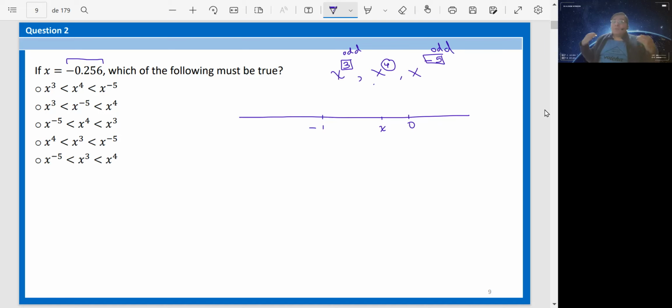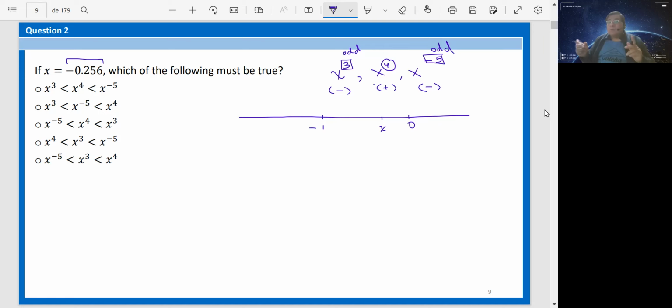And one property of odd exponents is to keep the sign of the base. Since the base is negative, x cubed will be a negative number, x to the negative 5 also a negative number, but x to the 4 will be positive.